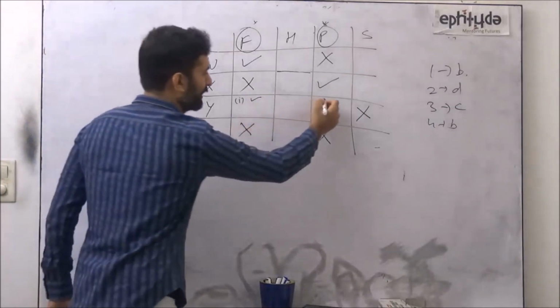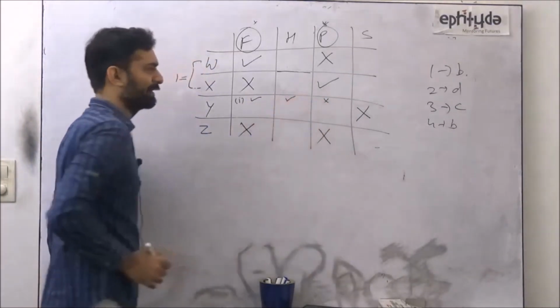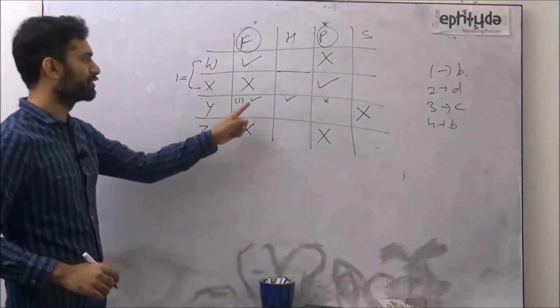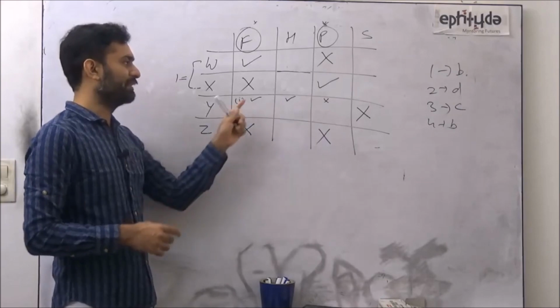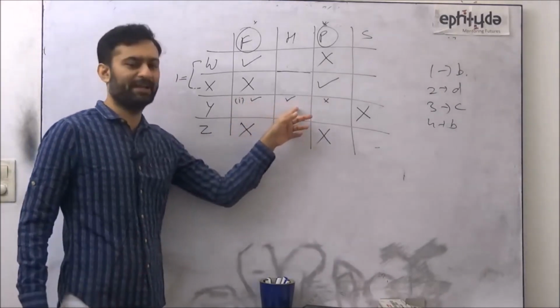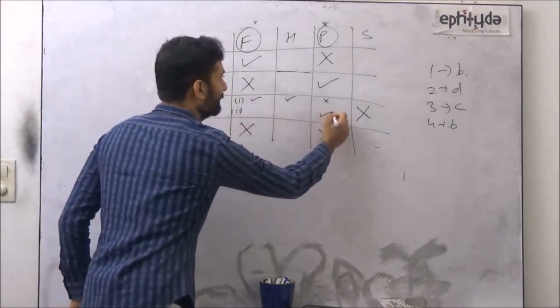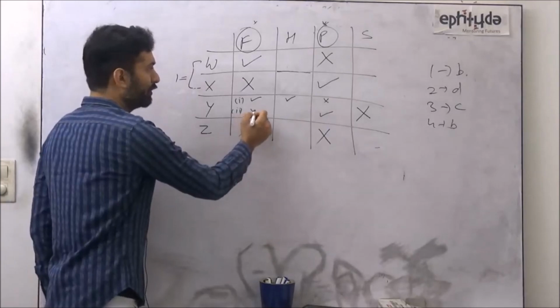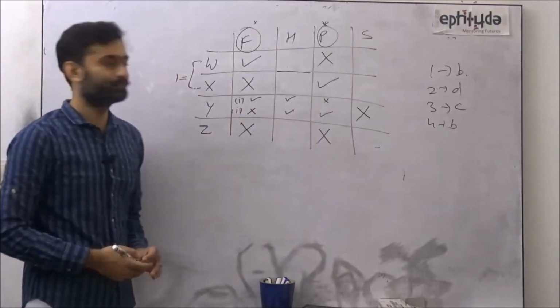Then you will not have palpitations and you'll have headache for sure in case 1, because you can't have fatigue and palpitations together. So if I have case 1 in which I had fatigue, I won't have palpitation. So I have to have headache. Case number 2, I have palpitations, so I won't have fatigue, so I have headache.